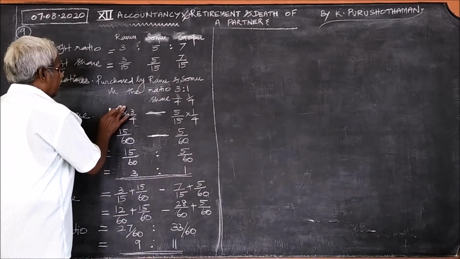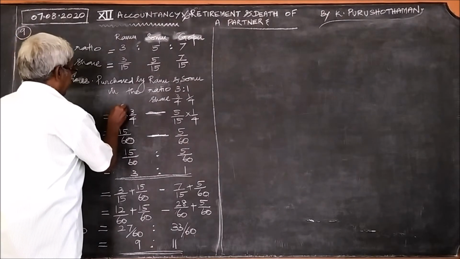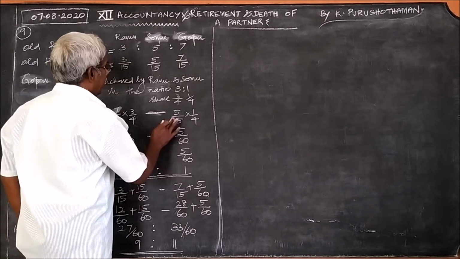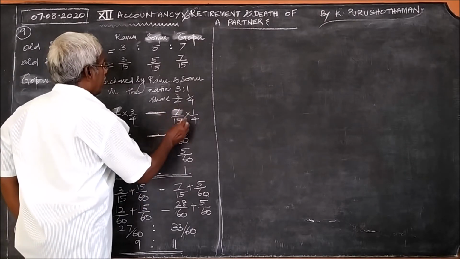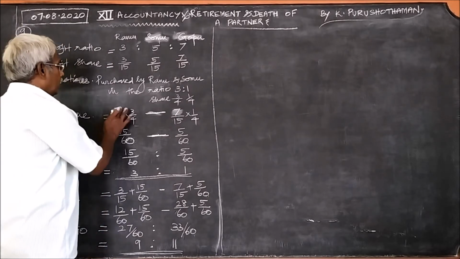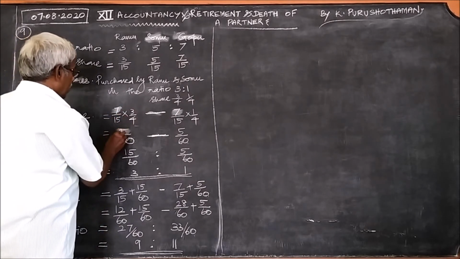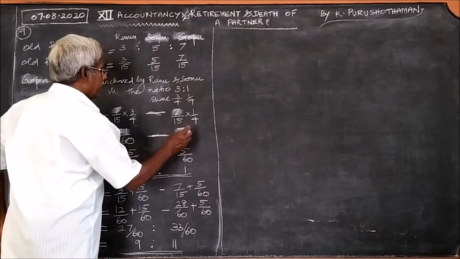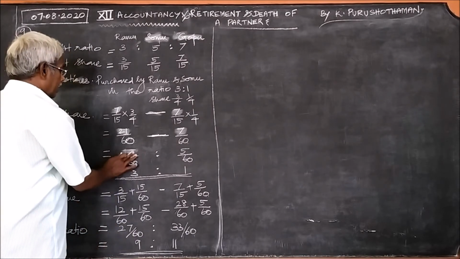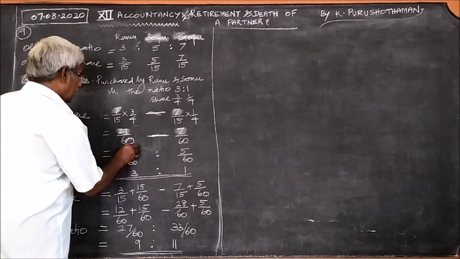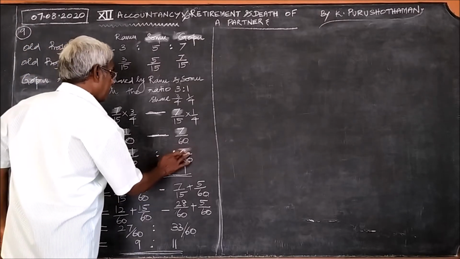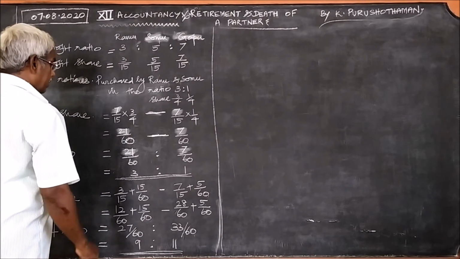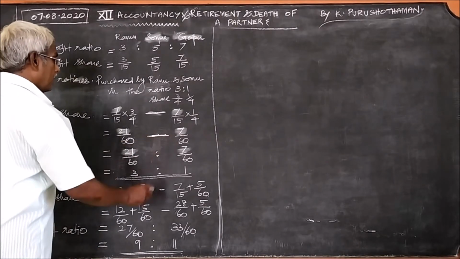So in that case, what we should write? That 7/15 into 3/4 and 7/15 into 1/4. We can write now 3 into 7, 21/60, and 1 into 7, 7/60. So it is 21/60 and 7/60 in the form of ratio. 3 7s are 21, 1 7 is 7.